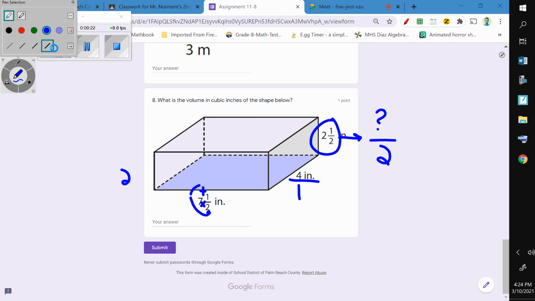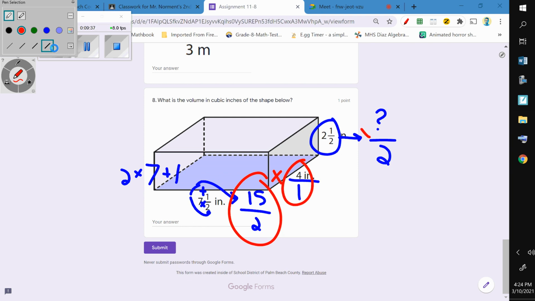So I did the bottom number times the big number on the left plus the number at the top. And that's going to give me 15 over 2. Now your job is to take this times this fraction times this fraction and see what you get. Good luck.